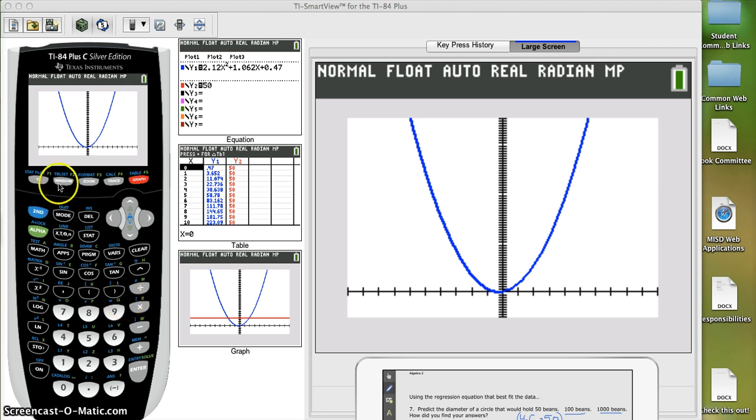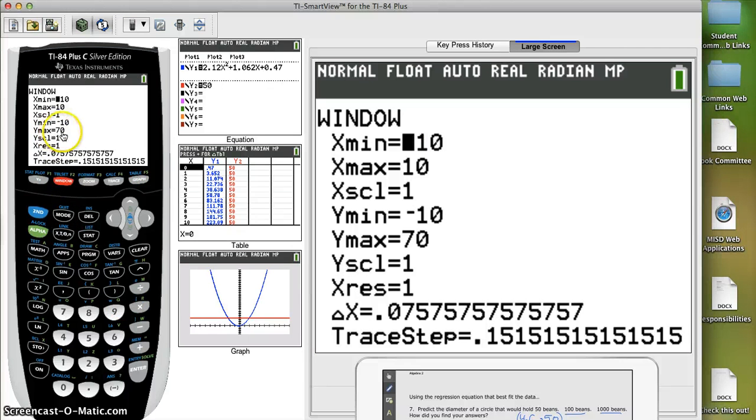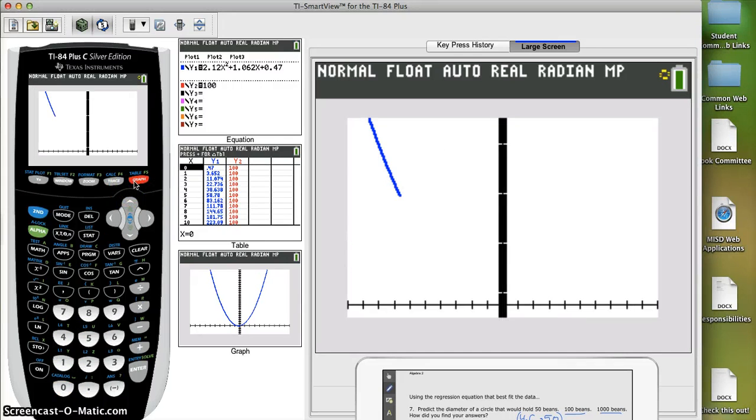And the reason behind that is that y2 is 100, and my y maximum is 70. It will only show me up to 70. So I need to go down and put my y maximum to be a number higher than 100. So I put 150. Now, if you graph it, you will see the whole thing. You will see the first graph and the second graph.